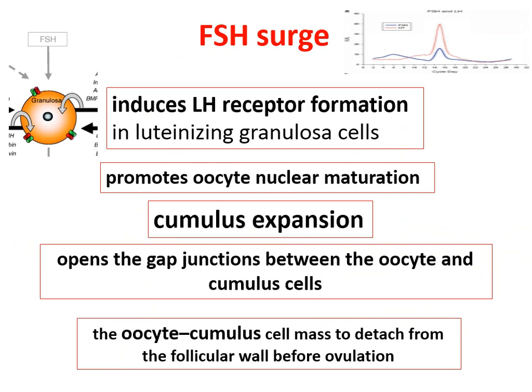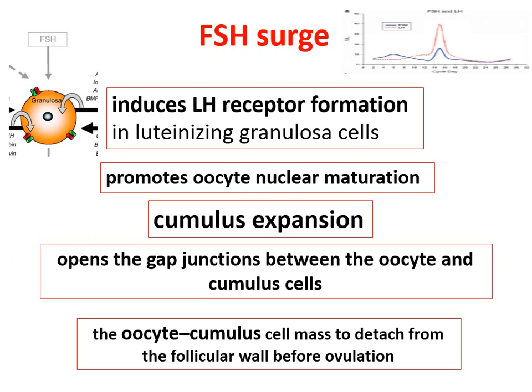It's very important at the time of ovulation that FSH increases. Of course, it increases at a lower level than LH, but there is an FSH surge. This surge is very important to induce LH receptor formation in the luteinized granulosa cells, promote oocyte nuclear maturation and cumulus expansion, open the gap junctions between the oocytes and cumulus cells, and allow the oocyte cumulus cell mass to detach from the follicular wall before ovulation.